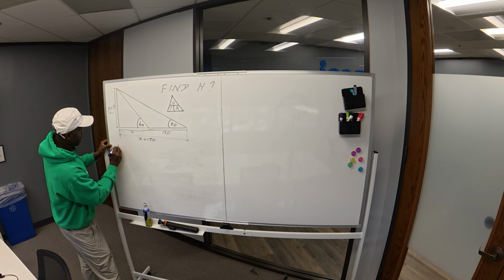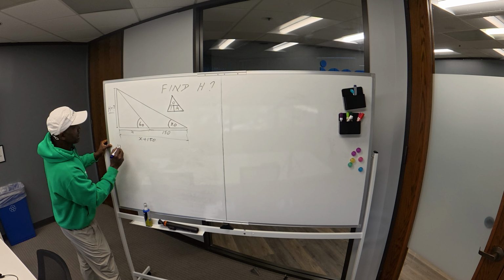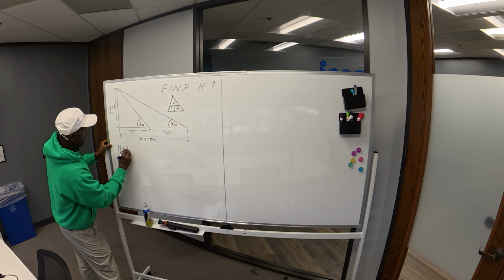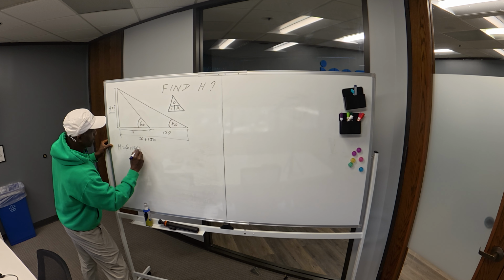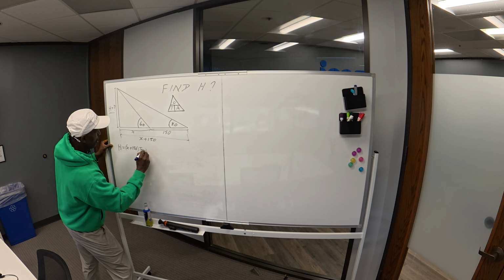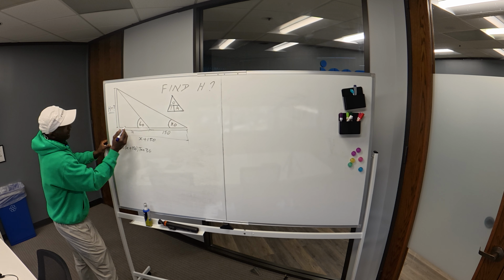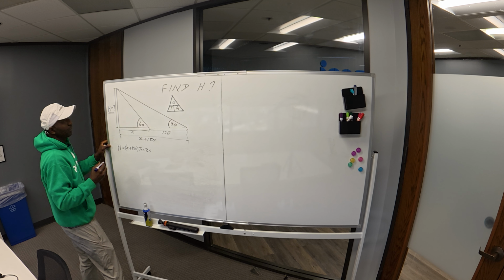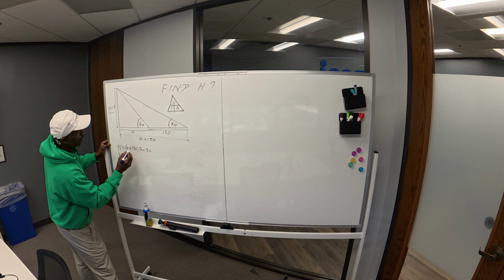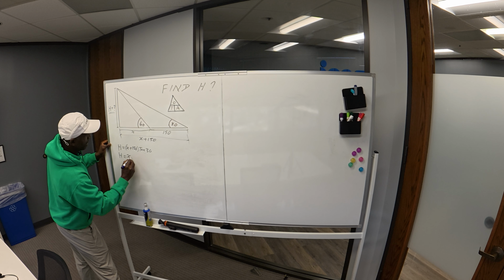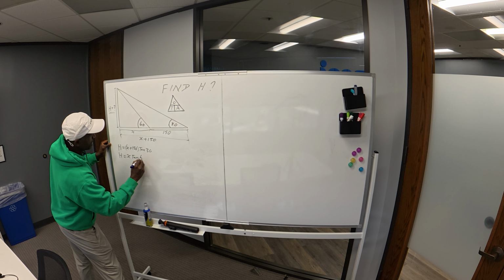Therefore, I know h in the first case will be equal to (x plus 150) times tangent of 30. And for the internal triangle, which is triangle 2, h has to be equal to x times tangent of 60.